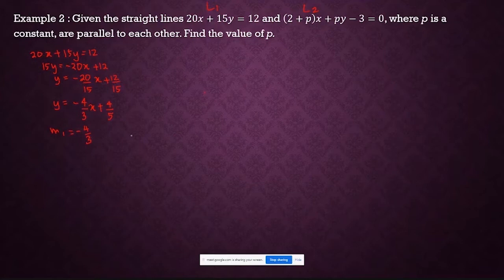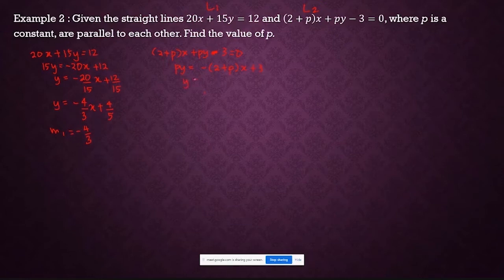Then the second line, 2 plus px plus py minus 3 equals 0. Again, we do the same thing. py equal to negative, bracket, we copy back the bracket, 2 plus px, then here 3 will be plus 3 because here it is negative.